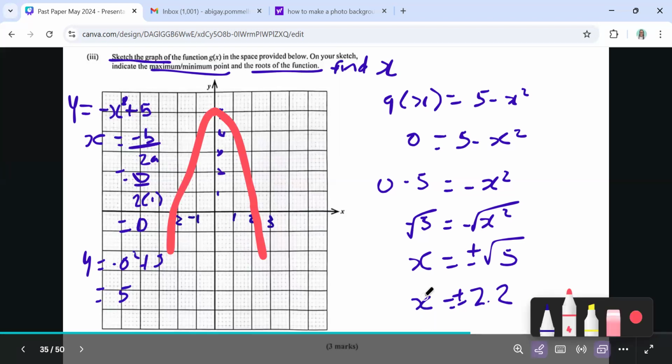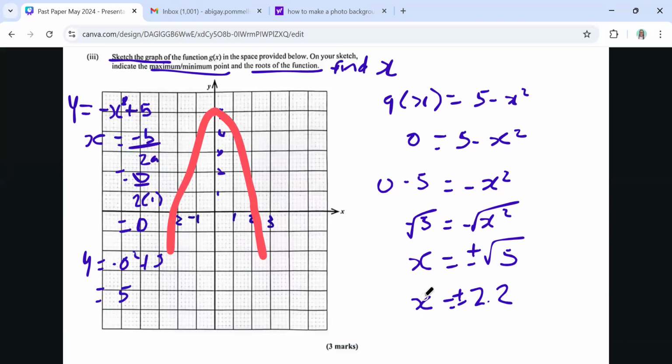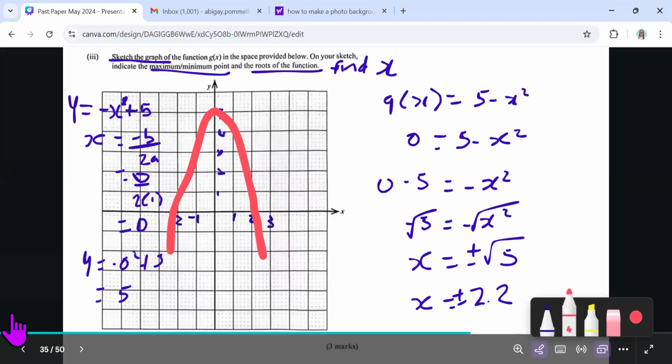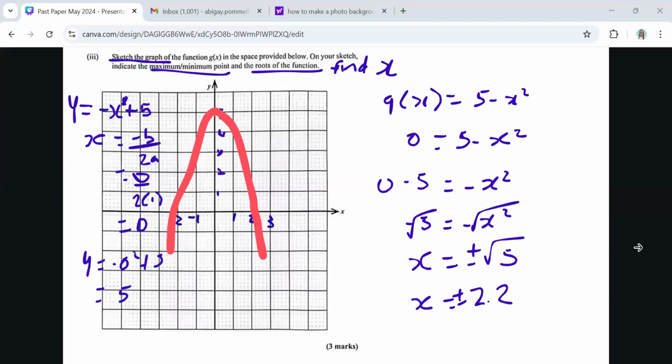And that is about how much marks? 3 marks. All right, moving on.